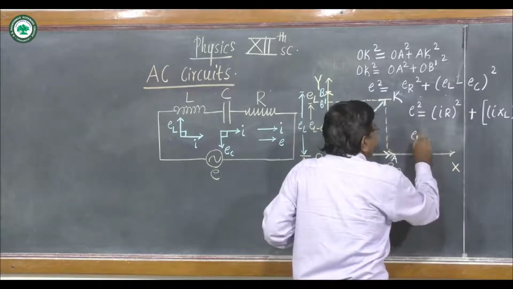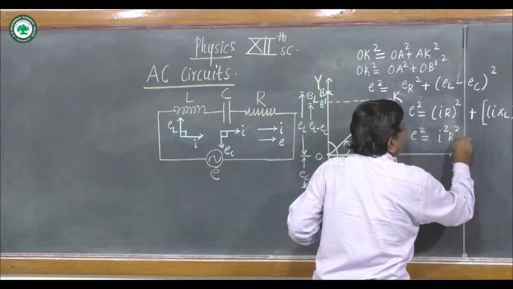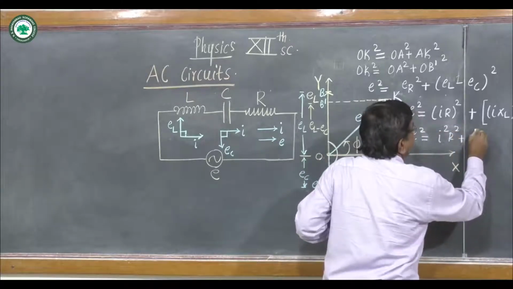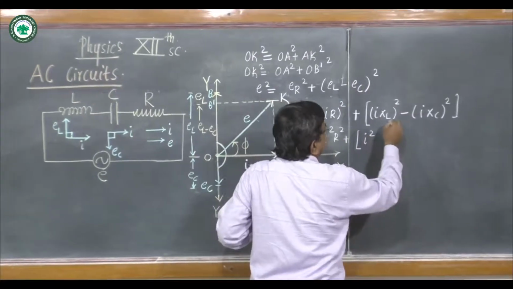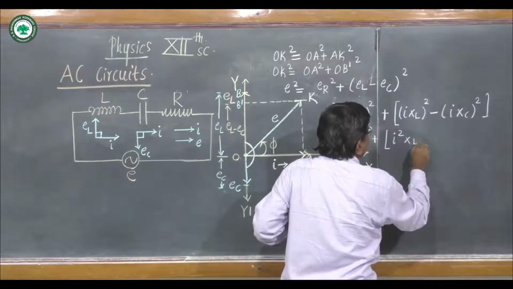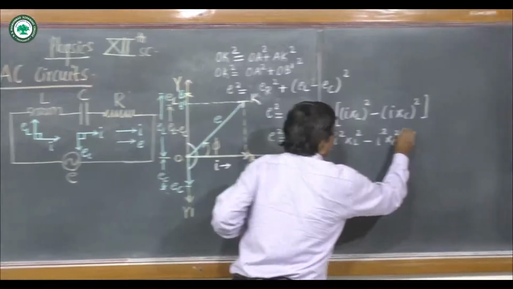Hence E square is I square R square plus I square XL square minus I square XC square.